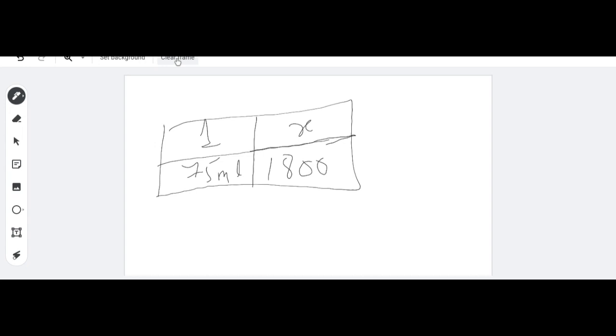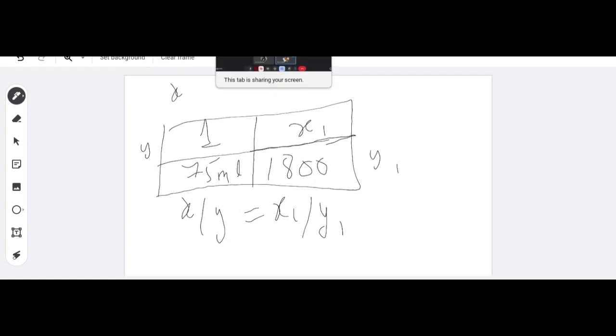Okay. I will simply do this. This is the x1, this is the y1, this is x, and this is y. x and y is equal to x1 and y1. You just have to put the values and you can just separate the x1. Can you do this? Yes. Okay, hurry up.